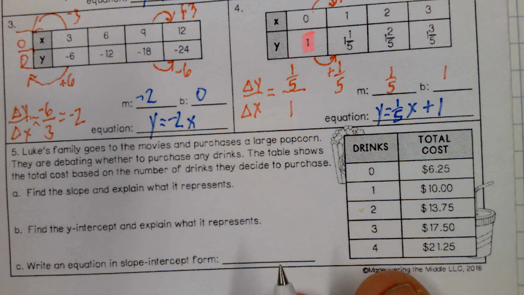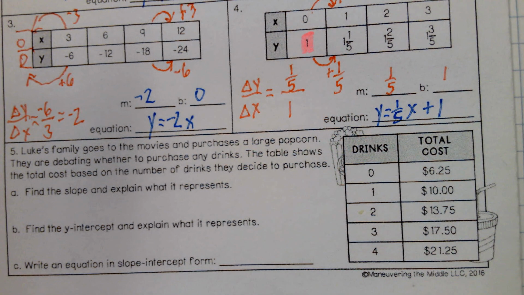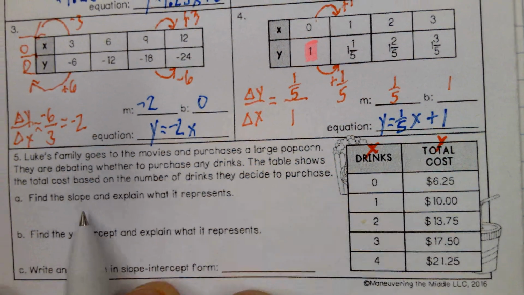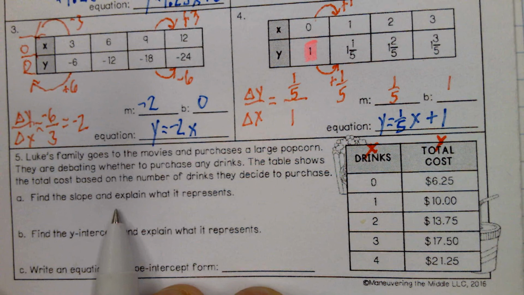All right. I'd like you to try this one with your table partner, number 5. All right. Let's see. Find the slope. What's the slope?